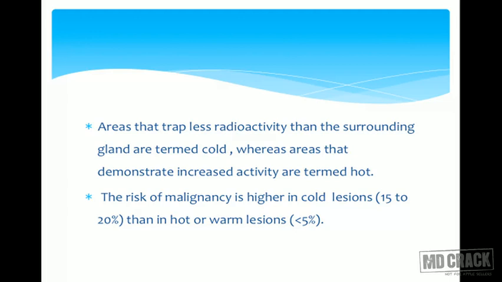The risk of malignancy is higher in cold lesions, 15 to 20%, than in hot or warm lesions, which have less than 5%. So whenever you get a cold lesion, the risk of malignancy is 15 to 20%, and in hot or warm lesions, the risk of malignancy is less than 5%. This is very important from the point of view of diagnosing the type of lesion.